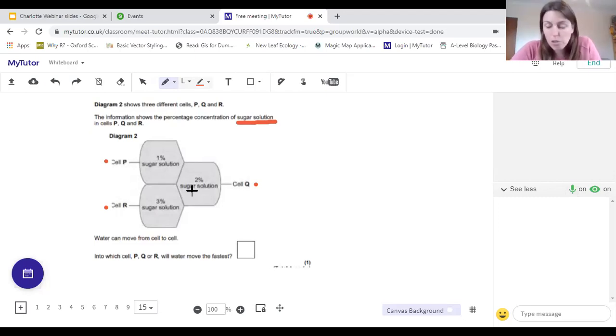Water wants to move down its concentration gradient. It wants to go from a high concentration to a low concentration. Which cell has the lowest water concentration? Not sugar, water. Good. There's a few people catching it. There we are. It is cell R.